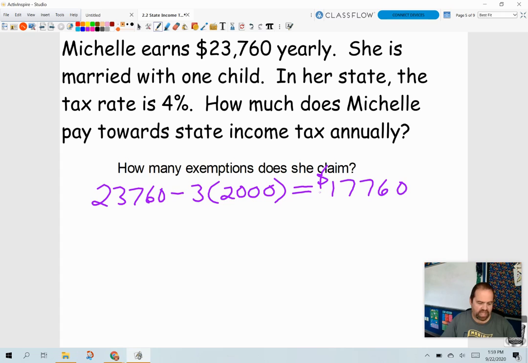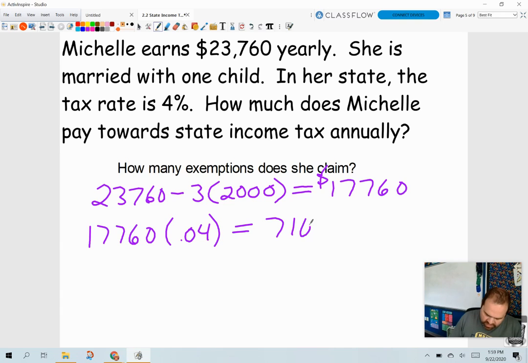So once I've taken that off, $17,760 times the 4%, 17,760 times 0.04, she's going to be paying $710.40 in taxes annually. That's for the whole year. Okay, you pay significantly less in state income taxes than you do federal income taxes.